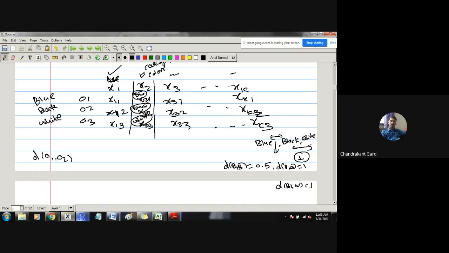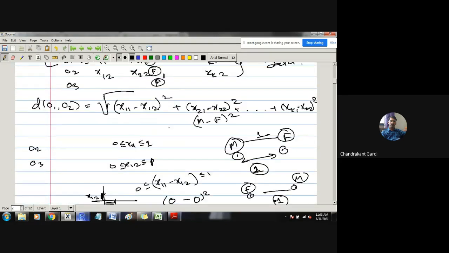In one scenario we may assign 0.5 as the distance between blue and black. In some other scenario we may assign the distance between blue and black to be 0.3. So depending on the scenario and the example, this is going to change case to case. We will come up with certain rankings, certain gradings of these differences, and then those graded differences will be used in evaluating this formula.